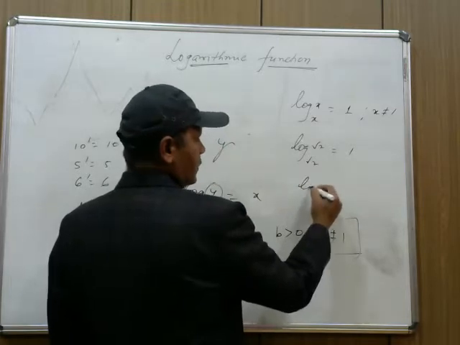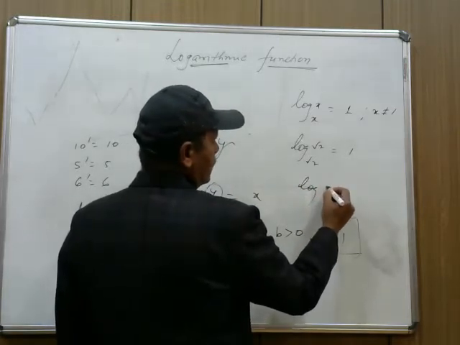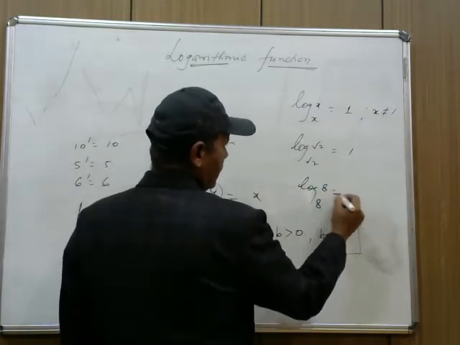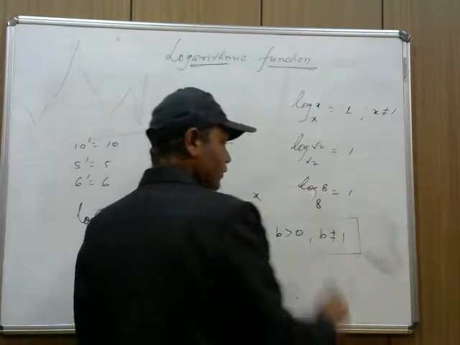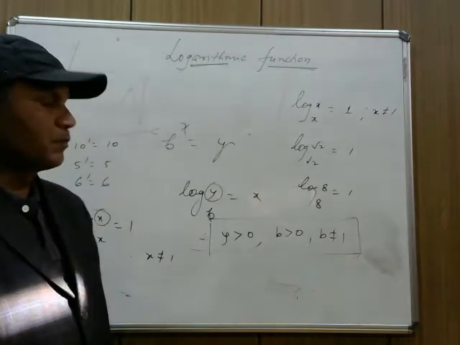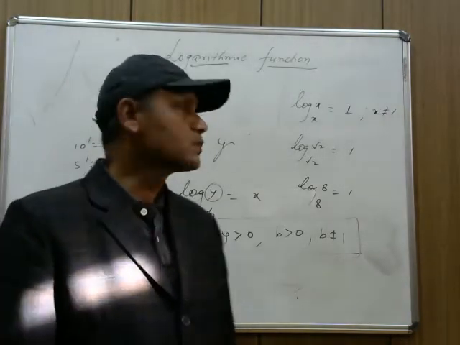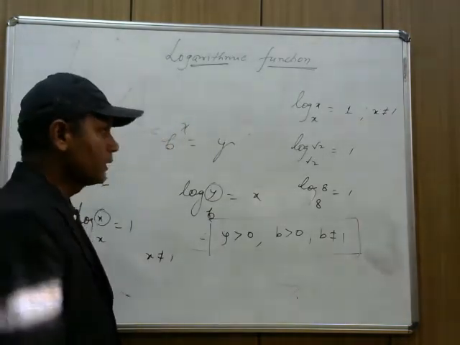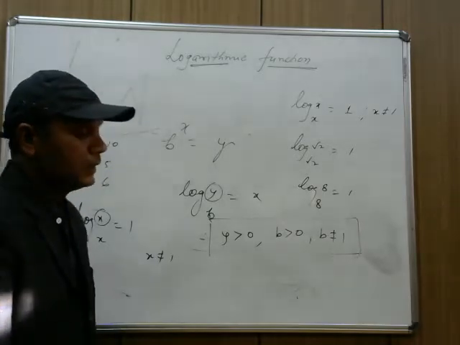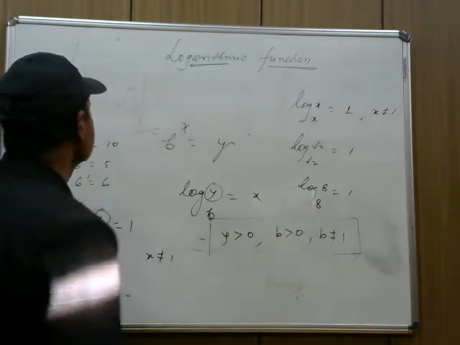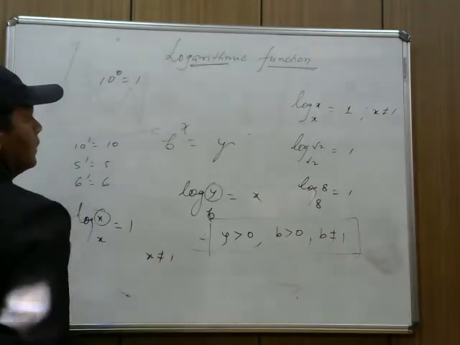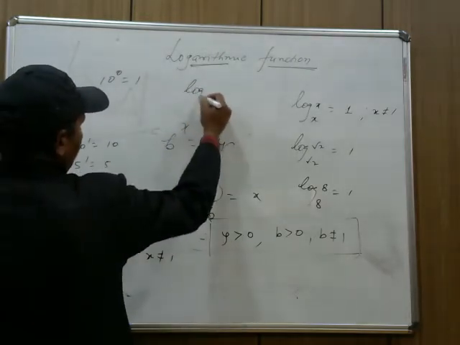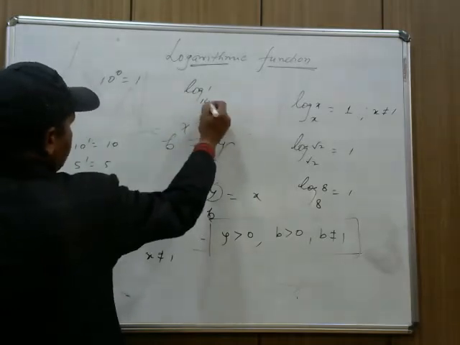If I ask log of 8 having base 8, the answer will be 1. Because the number whose log we are trying to find and the base are both the same, the answer is 1. One more thing: 10 to the power 0 is equal to 1, so now I will say that log of 1 to the base 10 is equal to 0.